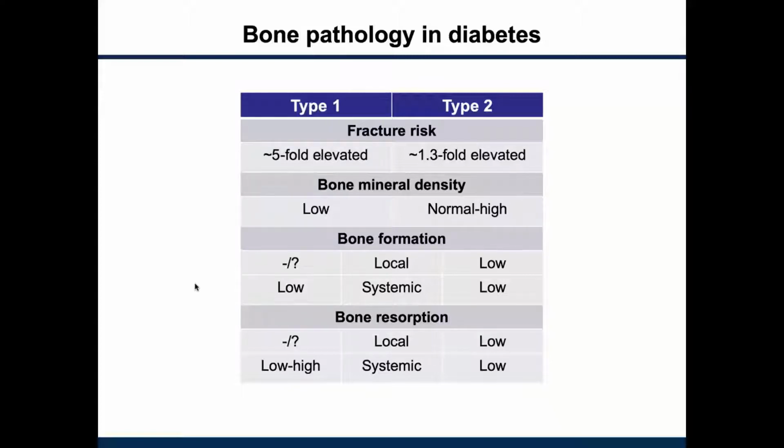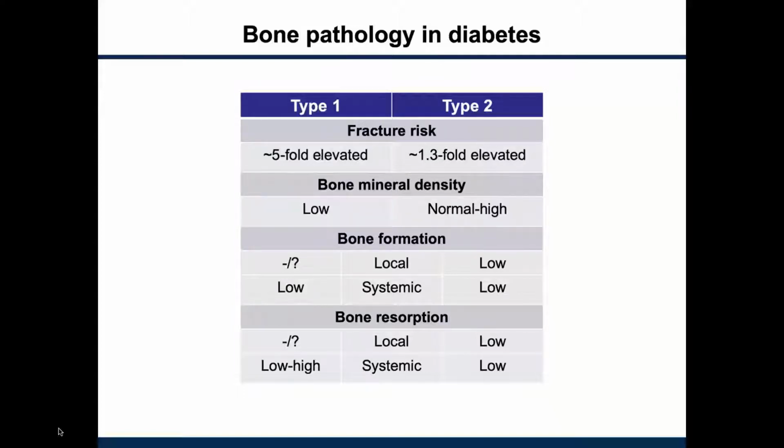And when we look at bone turnover, maybe we can start with type 2 diabetes, where I think it's quite clear that there is a low bone turnover state. So this has on the one hand been shown in some studies that used bone biopsies and histomorphometry, where at a local level a reduced bone formation rate was seen and also a reduced number of osteoclasts.